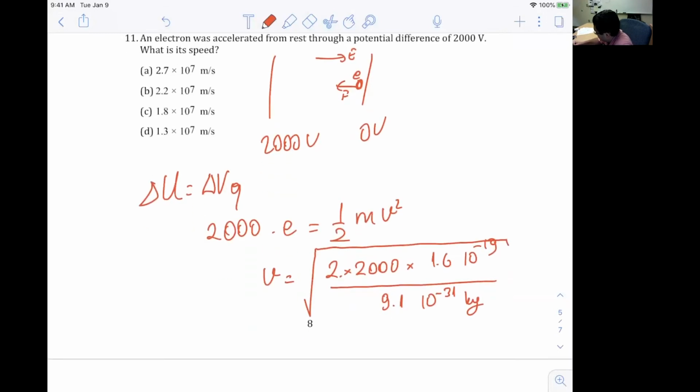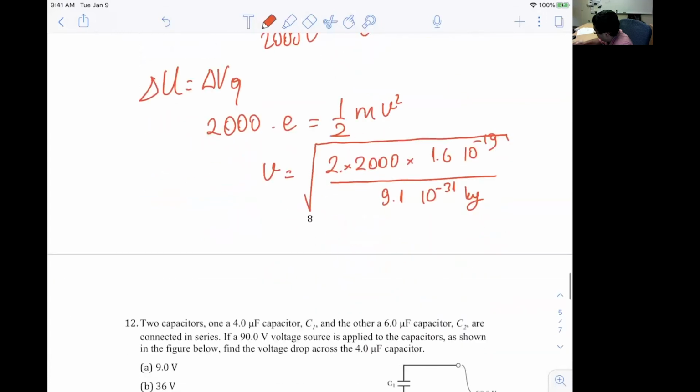Then, you have 4 times 1.6 divided by 9.1.